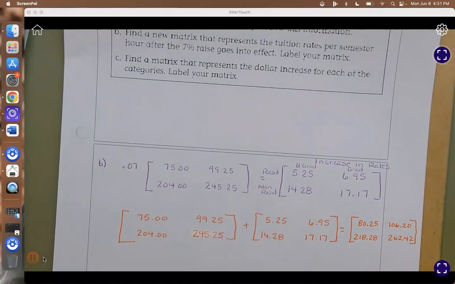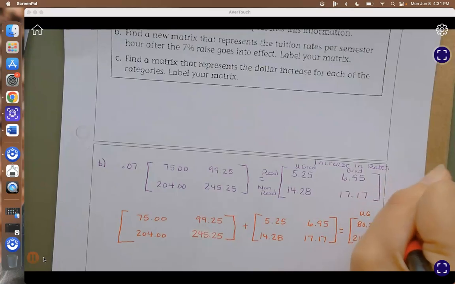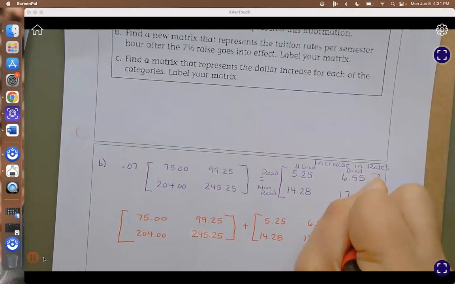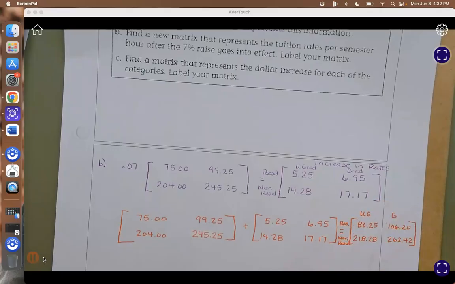Okay, and it says that we should label it. So this is undergrad and grad, resident, non-resident. Okay, then part C says find a matrix that represents the dollar increase.